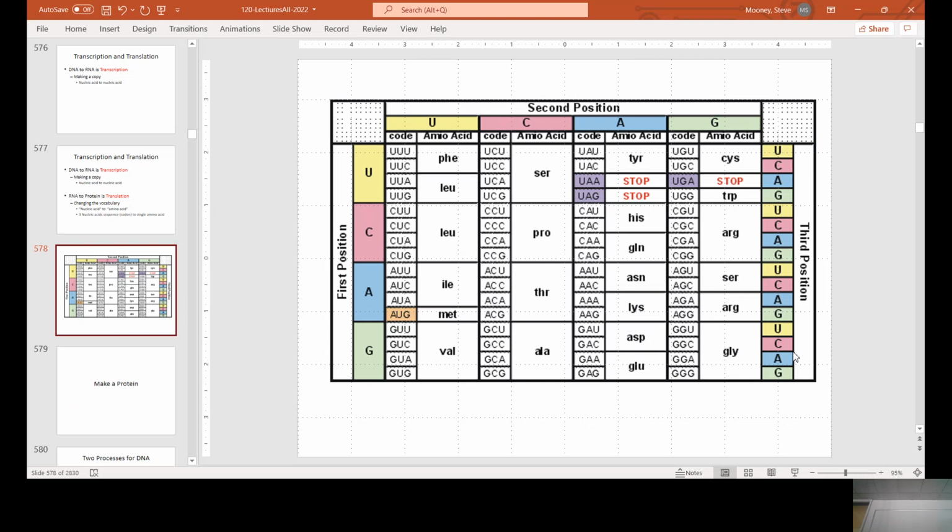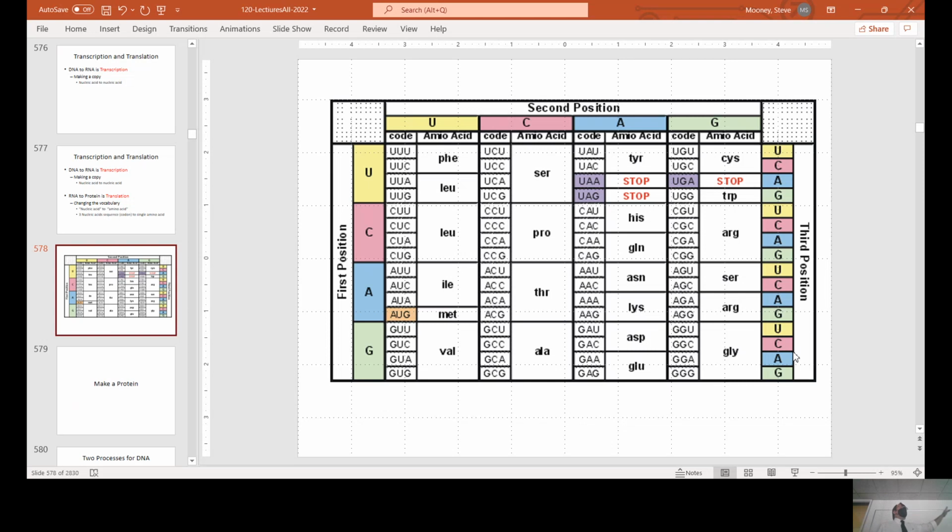We also have 3 that act as stop codons that tell the ribosome that's making these proteins to stop. Anytime the UAA, UAG, or UGA shows up, the ribosome stops making that protein.